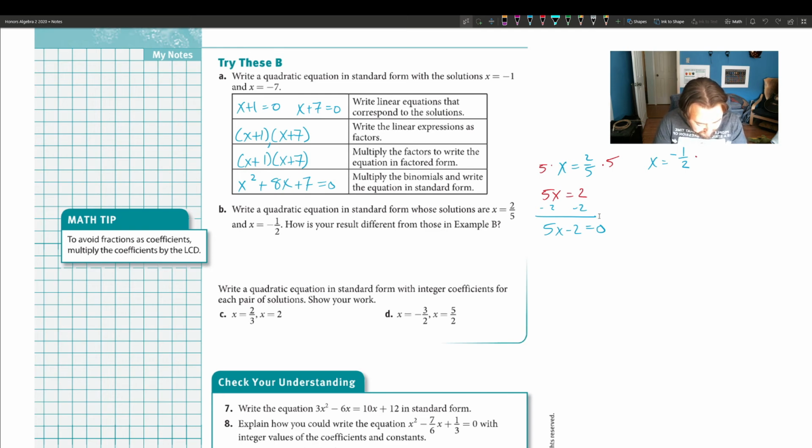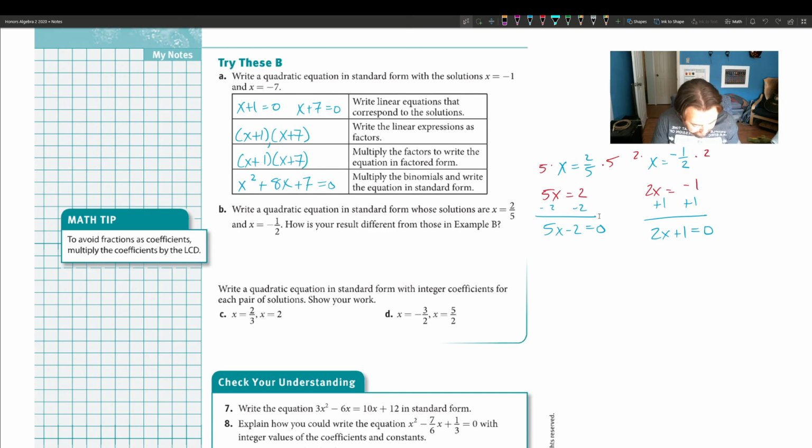So I'm going to multiply by 2. 2 times x will be 2x equals -1. Okay. I want this to be equal to 0. Remember, zero property. So I'm going to add 1 to both sides. Now we'll get 2x plus 1 equals 0.